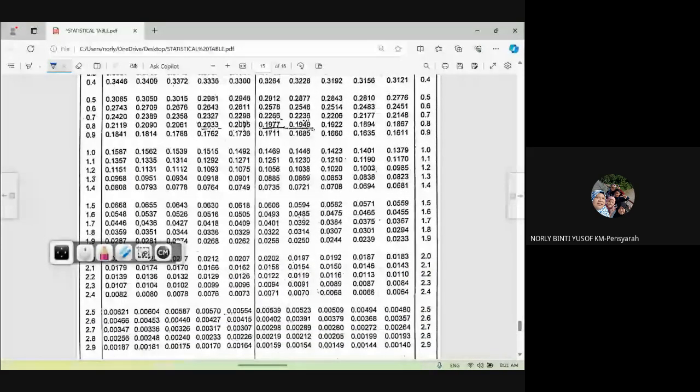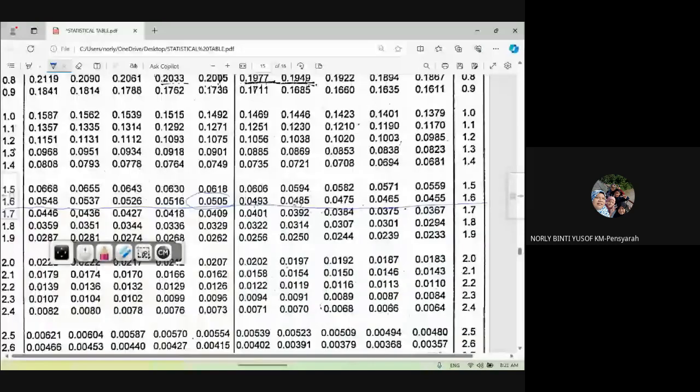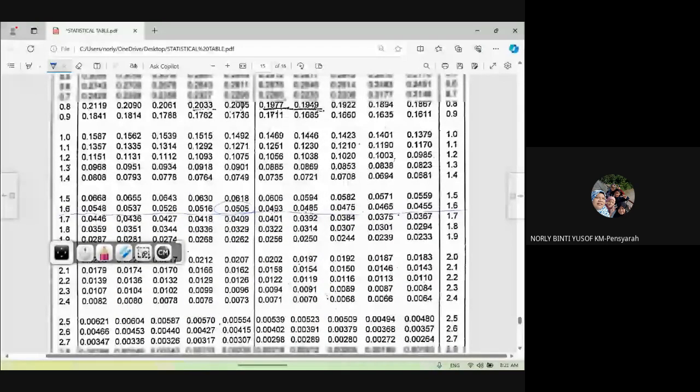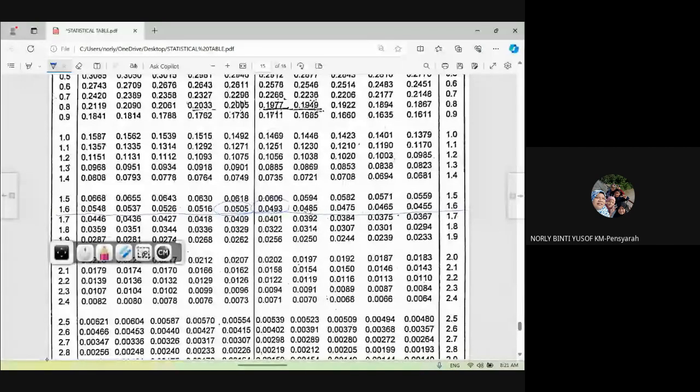Kalau you tengok turun dekat 1.6, line 1.6 ni semua 1.6. Yang nak dapat 0.05 yang menghampiri dia adalah 0.0505 dengan 0.0493.